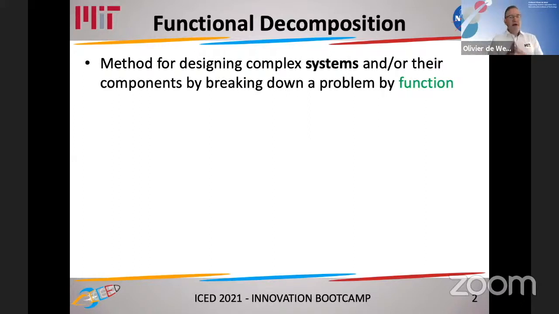I want you to think about function first, because it's really the functionality of things, whether they're products that we use in our daily lives, or systems we develop to explore the Earth or explore space. And there's often many different elements of form to satisfy the same function.